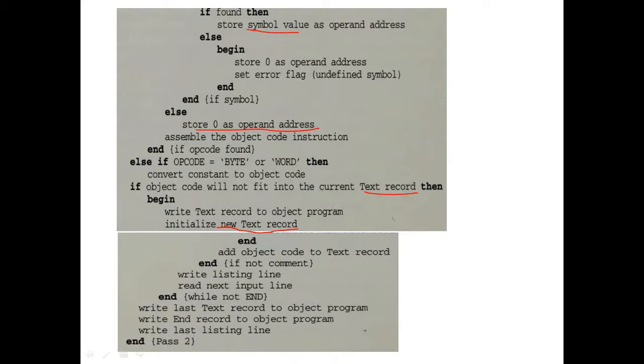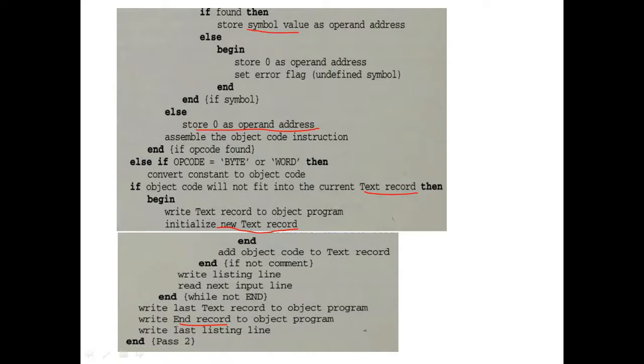Write the listing line. Read the next input line till you get to the end of the program. While not end, then write the last text record to the object program. Then write the end record. Remember, we have seen the three records. We have finished with the text record. Write the last text record to the object program. Now write the last end record.